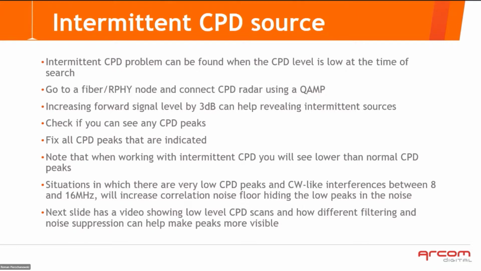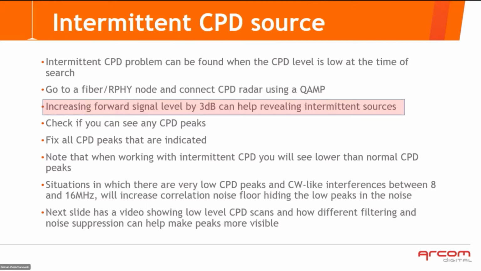When you search for intermittent CPD sources, this will be something that bothers the node at night or periodically and manifests itself as a flat elevated noise floor. You go to the fiber node and connect with the Q amp. There is also a trick that, if it's okay on a certain cable network and you don't have AGC, you can use as well.